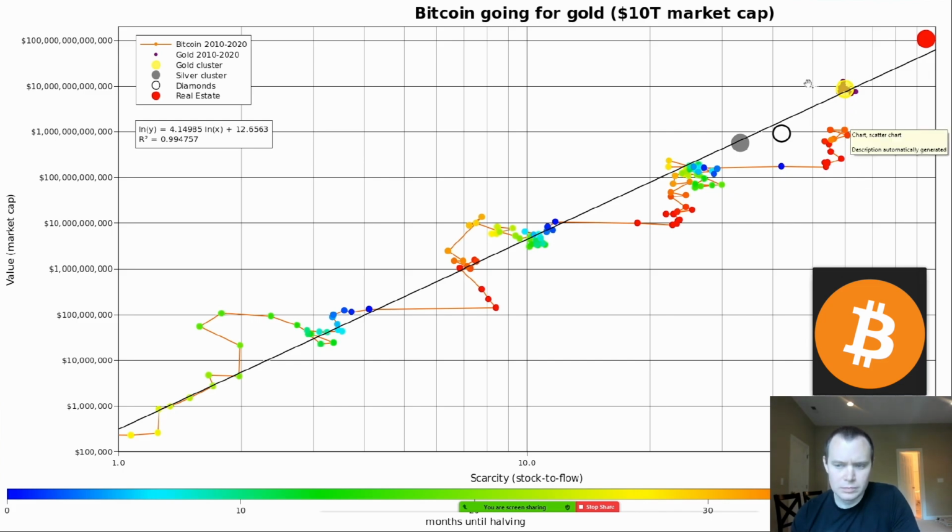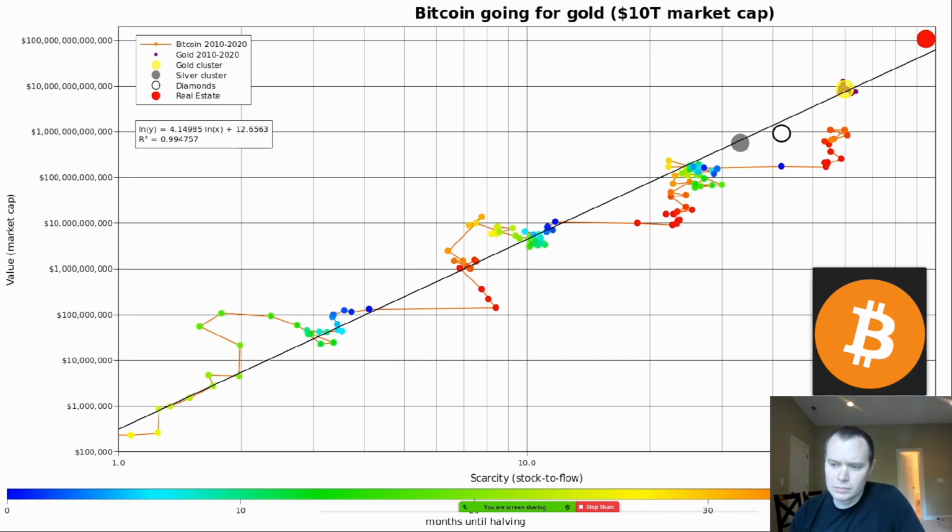What's very interesting is that if you look at not only Bitcoin through time, which is a time series model, we'll talk about that later, but also if you compare assets across each other, it falls into that same line, roughly.